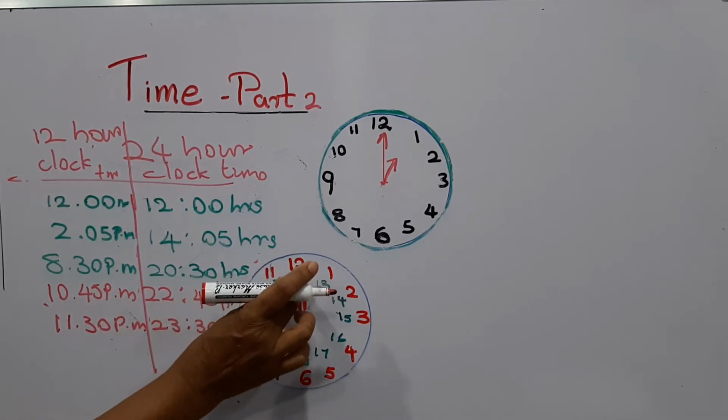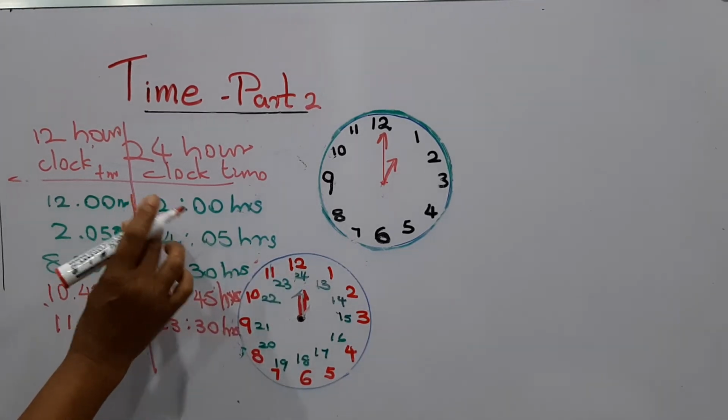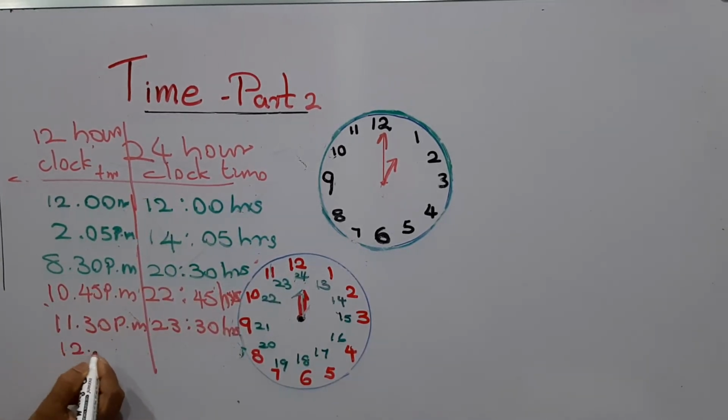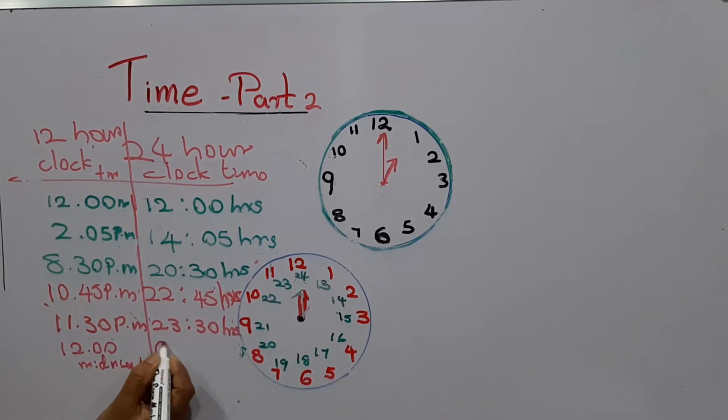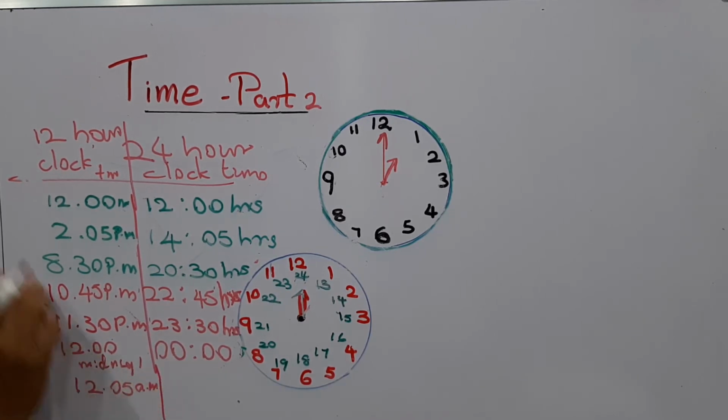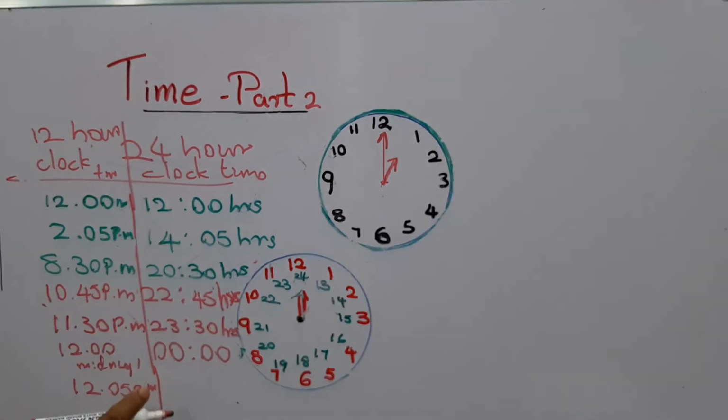When it becomes 12 midnight, we write it like this. When it becomes 12:05, that is AM. From an earlier lesson we learned that from 12 midnight till 12 noon we use ante meridian, before noon, that is AM.